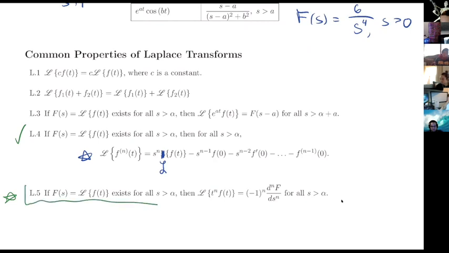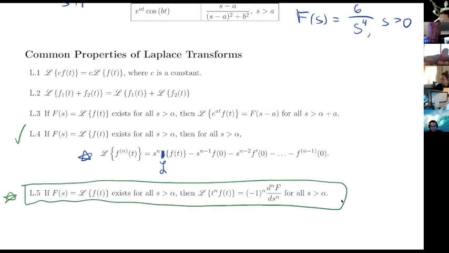So let me just say for Monday, after the exam, I'll put up a little video about this property and just have you not prove this property, but on the reading quiz, apply this property to calculate Laplace transforms. So then when we come back after the exam, we'll be ready to hit the ground running with Laplace transforms.